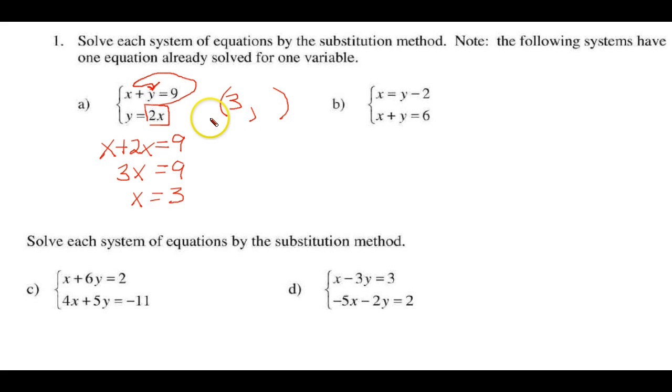Now since we know then that x is 3, we can go into this equation and go y equals 2 times what x is, 3. Y equals 6. So there is your ordered pair.